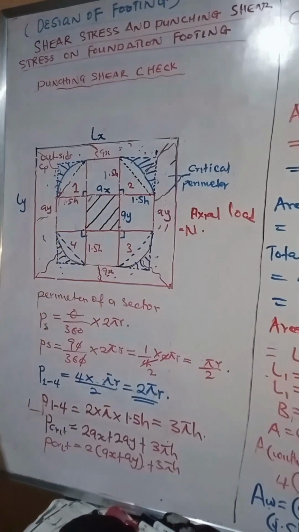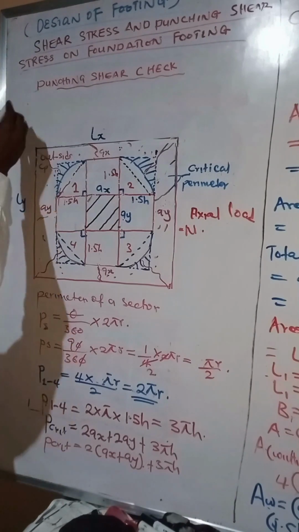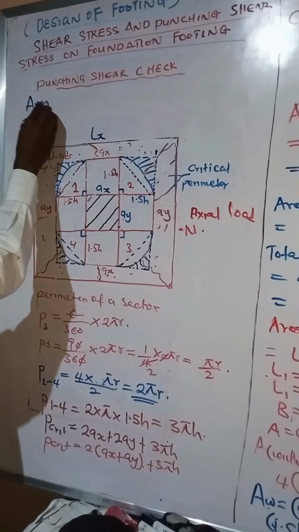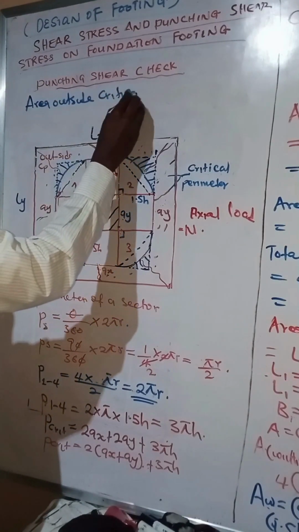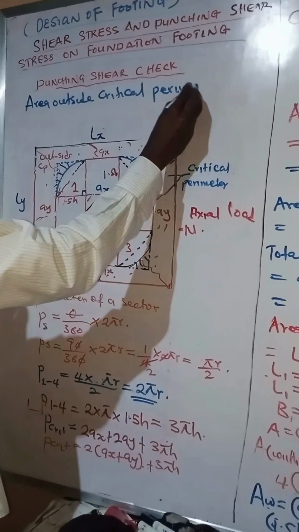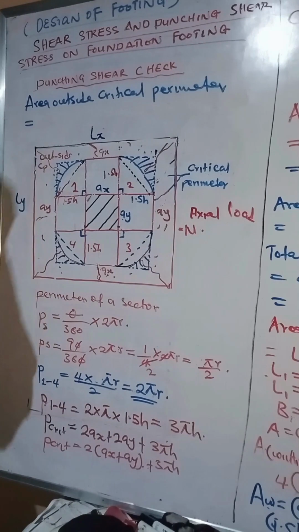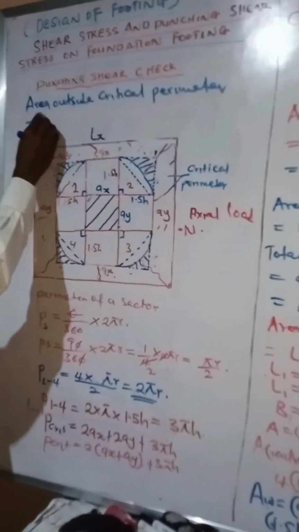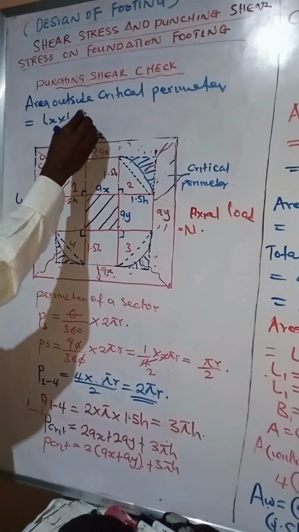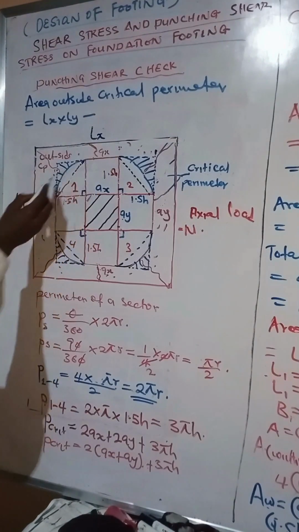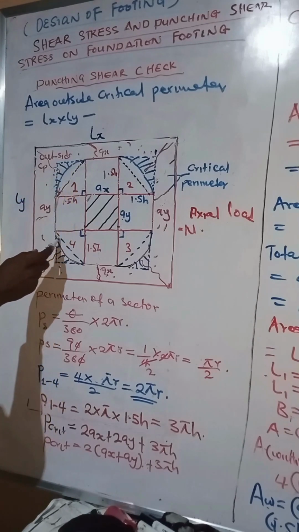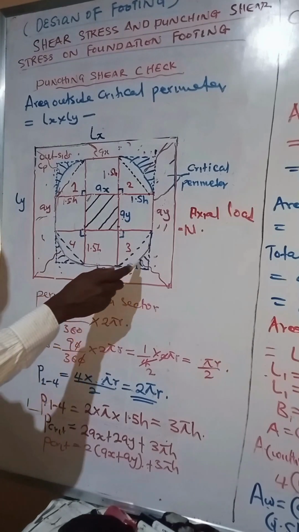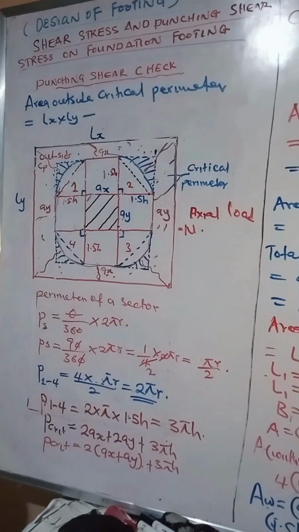So area outside critical perimeter is equal to the area of the entire footing, which is Lx times Ly, minus the area within the critical perimeter, which is the whole of this, down this way. That is the area within the critical perimeter, which we've gotten before.